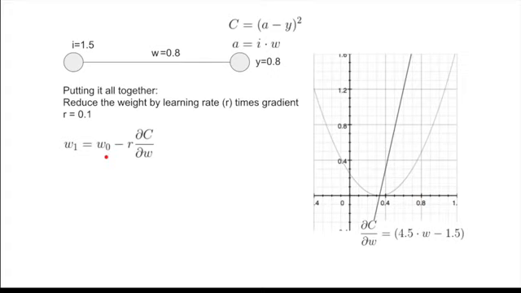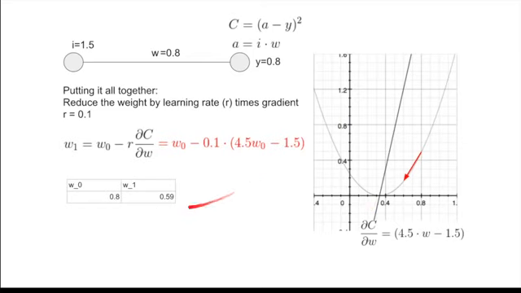So in a simple expression, we deduct from the old W, W0, the rate of change of C with respect to that W times the learning rate. And in this case, we have 0.1 here as our learning rate. 4.5 times W0 minus 1.5 is our gradient. And we are ready to start calculating numbers.